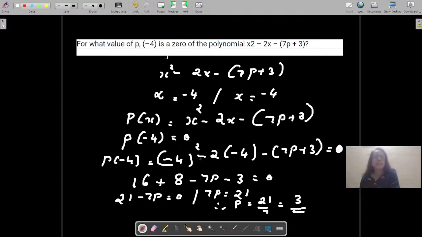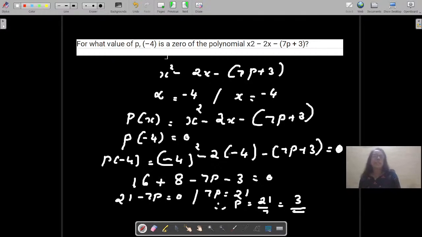Right? That is one polynomial we are given, x square minus 2x minus 7p plus 3, and we are given that minus 4 is the 0 of the polynomial. That is alpha is minus 4, right? Beta we didn't give, so only the 1 0 has been given.